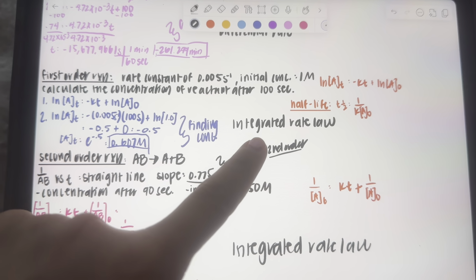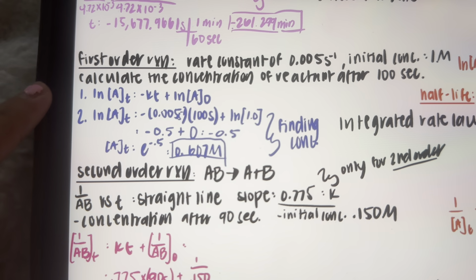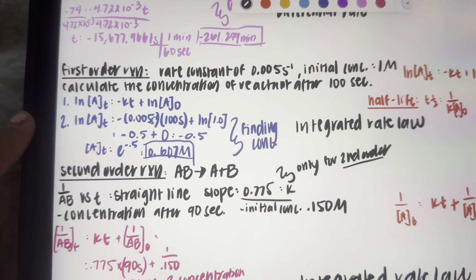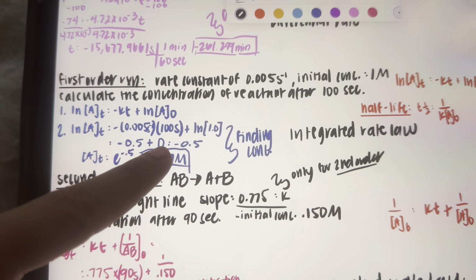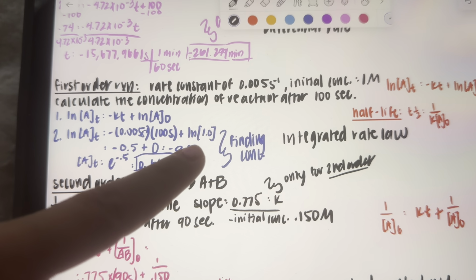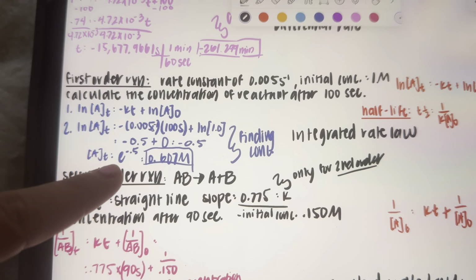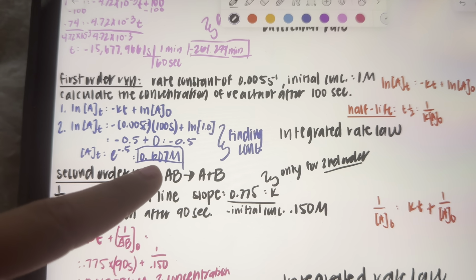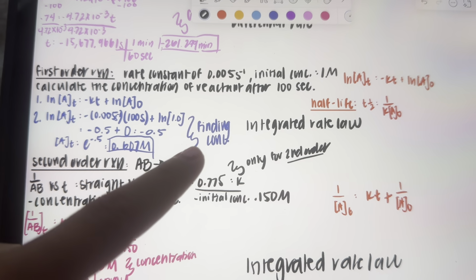Again, we first have the equation, and then I plugged in all the given numbers. We have the 0.005, which is the rate constant, we have the seconds, and we have the initial concentration. When working with an inverse, we have to use e, so that's what I used. And then we got the final concentration of 0.607 molarity. So we found the concentration, and that's that.